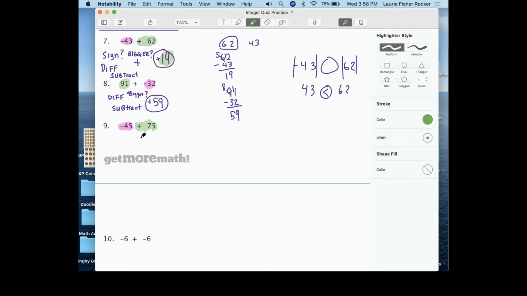Okay, so which one has more? After a while, I'm not writing all this down. After a while, I look and go, oh, hey, which one has more? So I have different signs, so I subtract, and positive has more. And so I'm just looking at that going, oh, there's more positive, so it's going to be positive, but I'm still going to have to subtract.